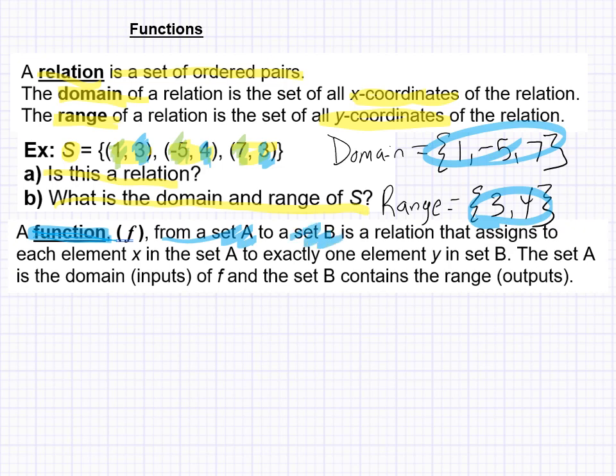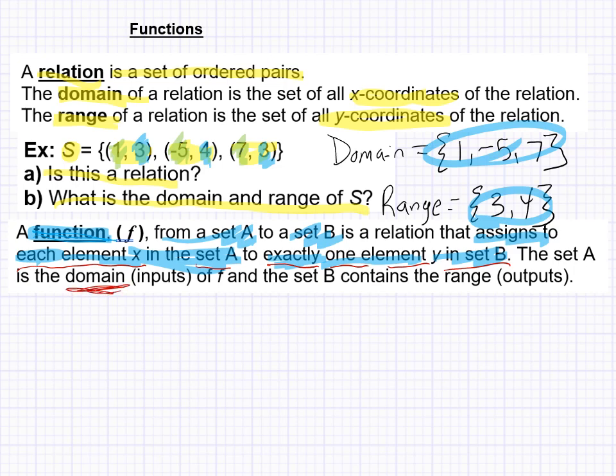But there's a way that these sets are matched together to make it a function. It assigns each element in the first set, A, to exactly one element in the second set, set B. So key words here: each element in set A is matched to exactly one element in set B. And again, just like a relation, that first set is the domain.